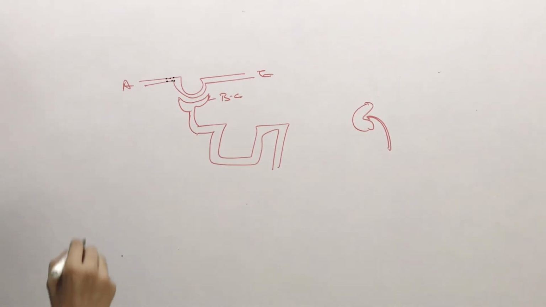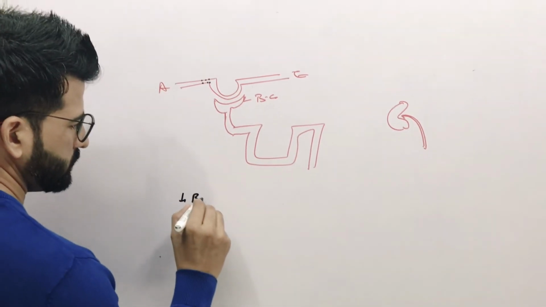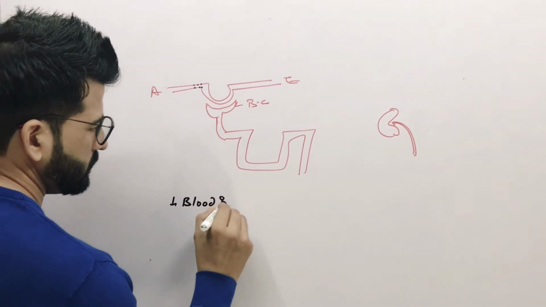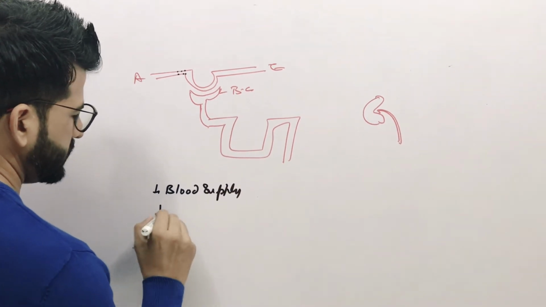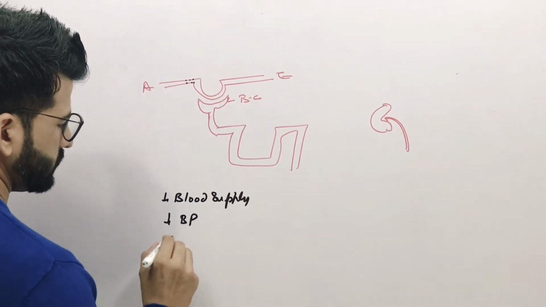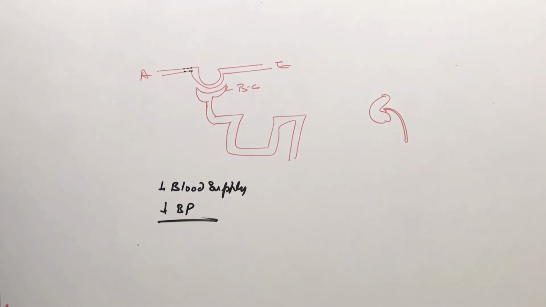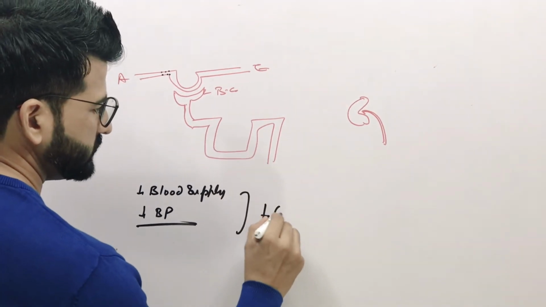When there is decreased blood supply to the kidney, decreased blood pressure, what will happen? That will lead to decrease in GFR.